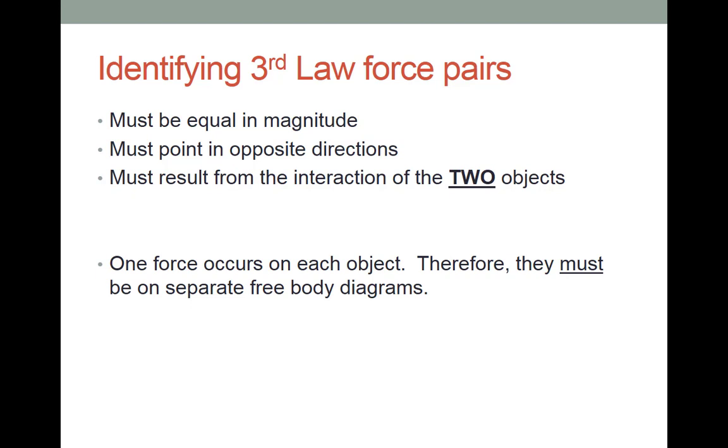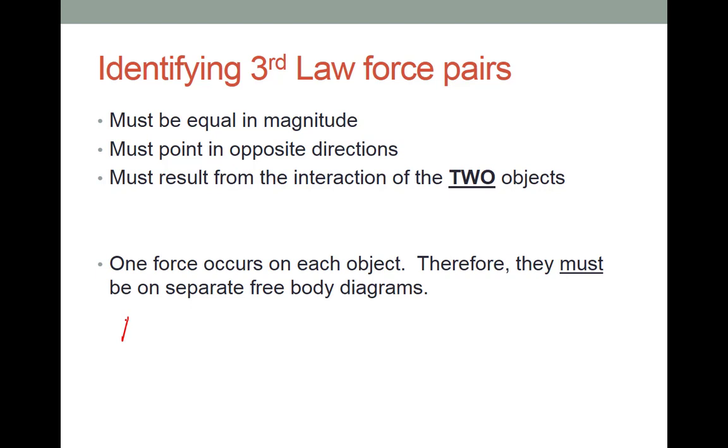And because there's two objects involved and there's two forces involved, those two forces have to be on separate free body diagrams. If you remember last week, I identified a naming scheme for forces.